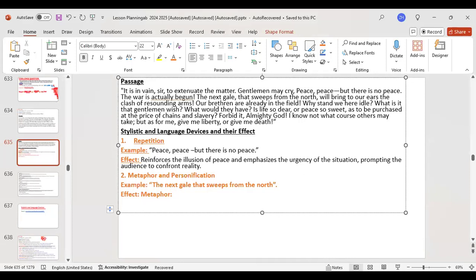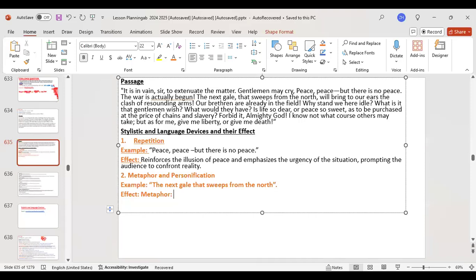Okay, no. He says the next gale that sweeps from the north will bring to our ears the clash of resounding arms. So when he says gale, he's not referring to a wind. He's referring to a major event, right? So the wind is being compared to the war that's coming.